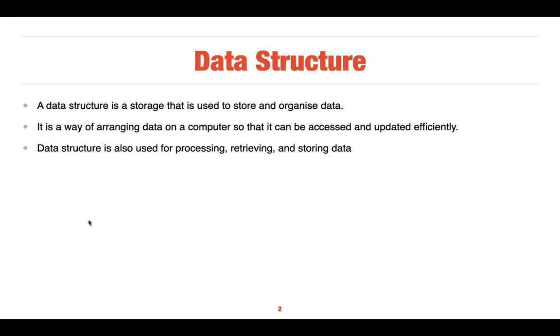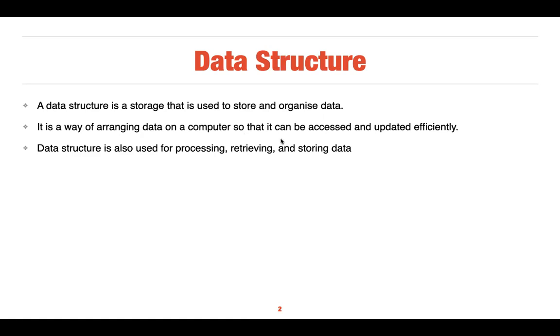So there should be specific ways or methods to store the data, because we have multiple kinds of data, and we have different combinations of data. Accordingly, we need different data structures. The data structure is a way of arranging data on a computer so that it can be accessed and updated efficiently.